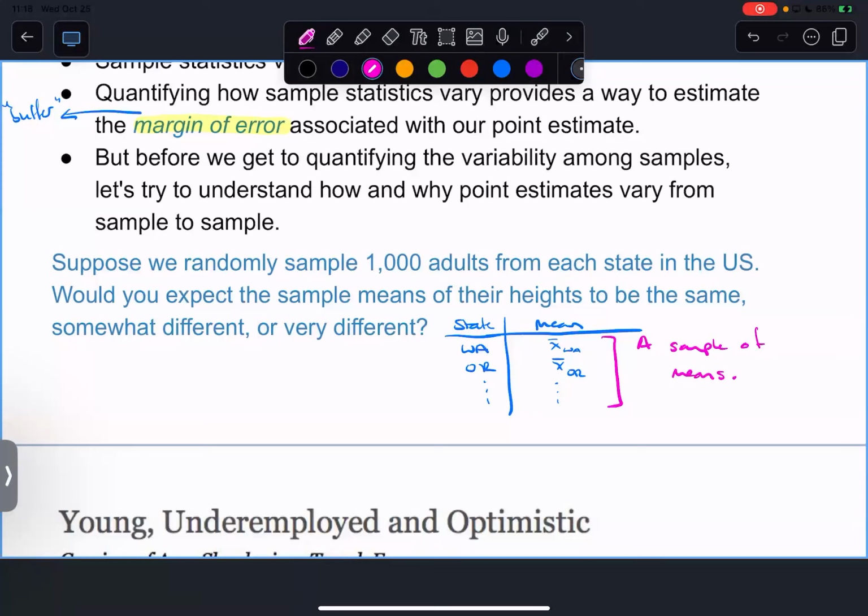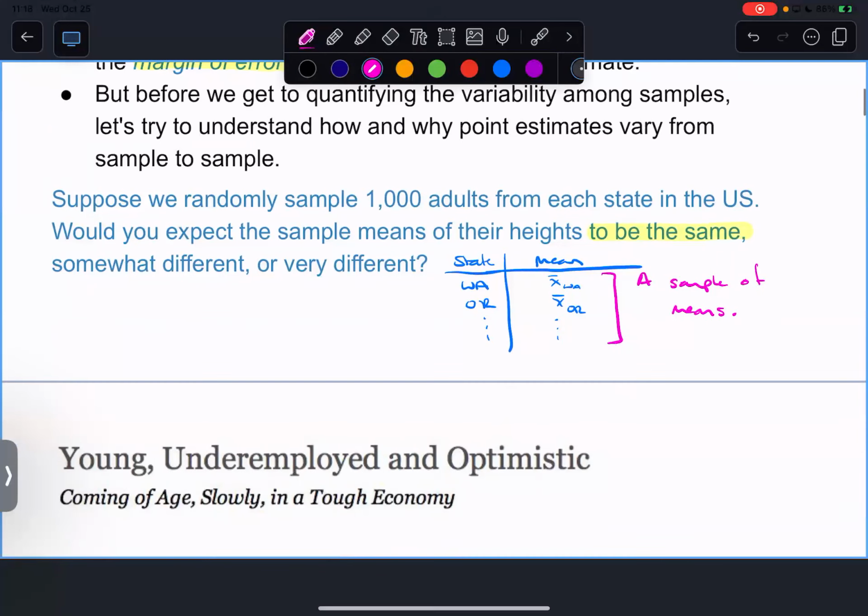And so these are all expected to be the same, or roughly the same, right? Centered around the population mean height.